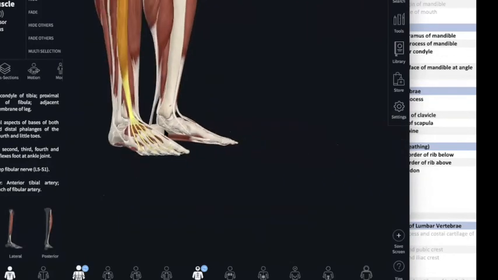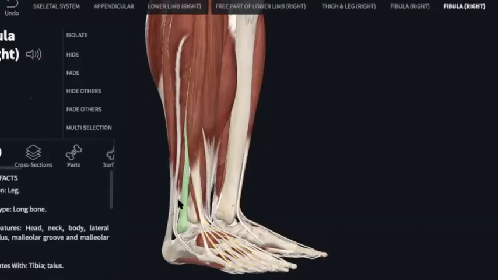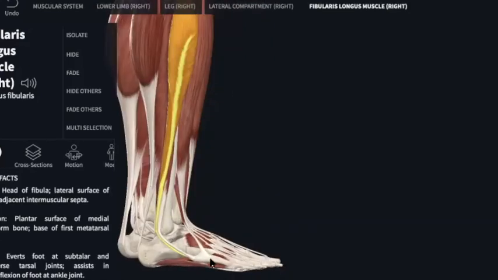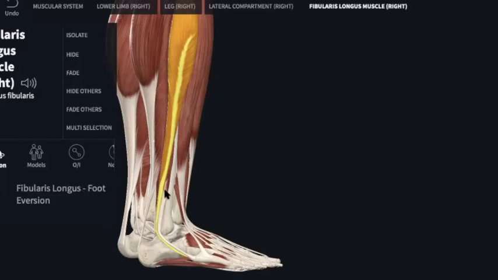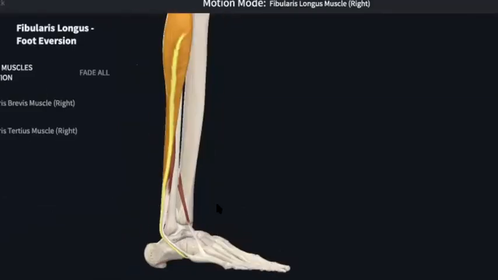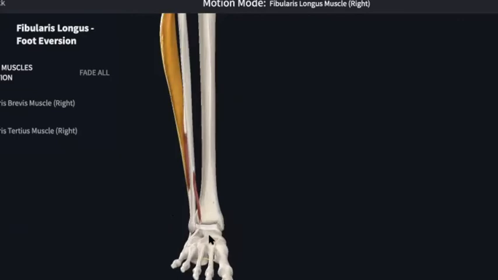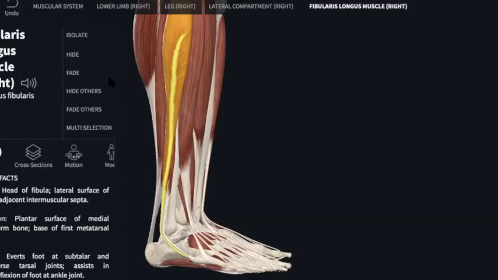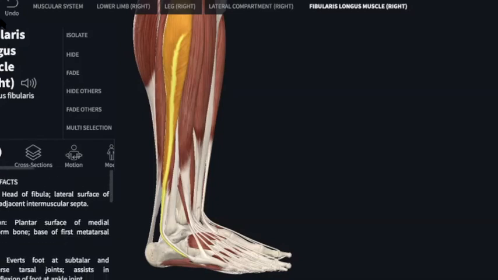And then you've got one that's running alongside your fibula right here, which is your fibularis longus muscle. Because it's running along the lateral side, it's going to do this movement called foot eversion, which is really kind of an abductor movement, moving it out. It's also going to assist plantar flexion.